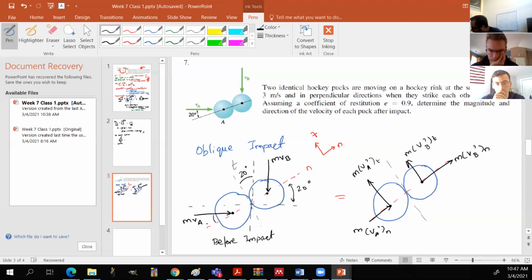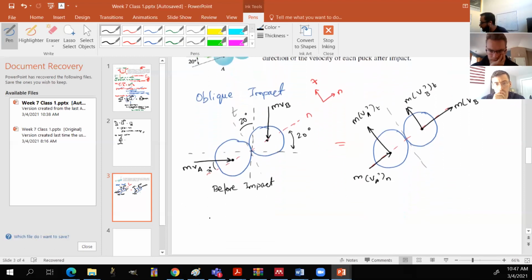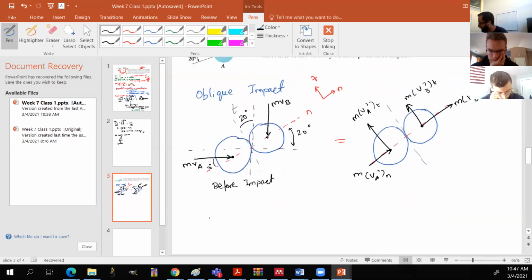Remember, this angle here is equal to 20 degrees. All right, so remembering from our process, tangential components remain the same.